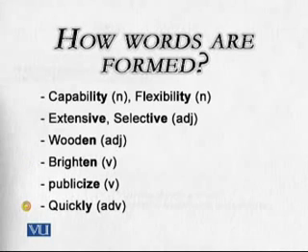Then quickly, as I mentioned before, adverbs also use suffixes. I mean to say, we add ly in most adverbs. Adding ly at the end of the word means forming words by adding suffixes. So from quick, it will be quickly. So this is our fourth type of word formation.